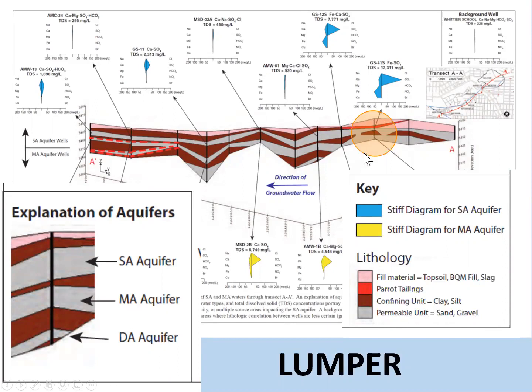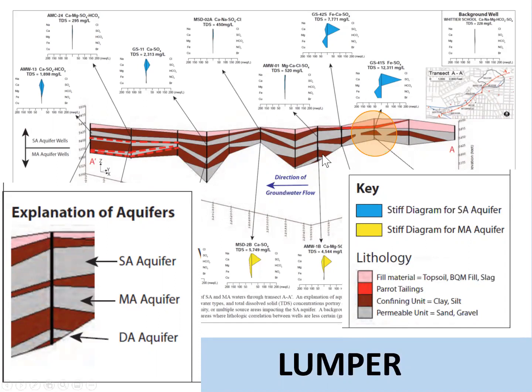So up here is GS41 S&D. It is right at the heart of the Parrot tailings. It is the most contaminated aquifer. As far as copper goes, I'm sure it's the most contaminated aquifer anywhere.